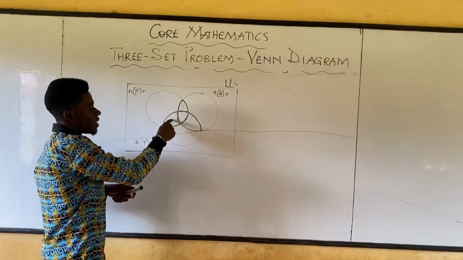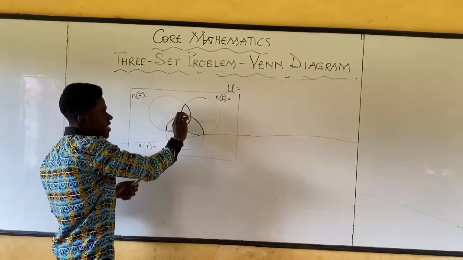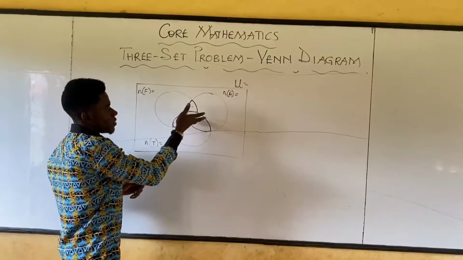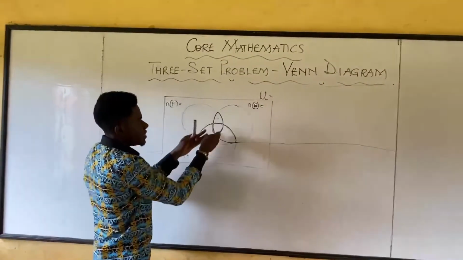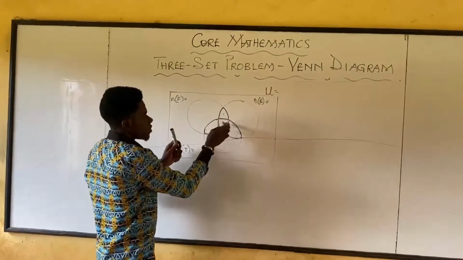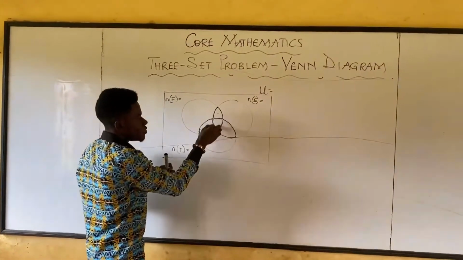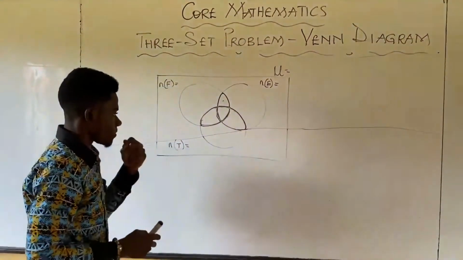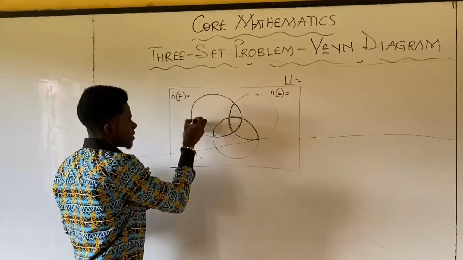The reason why we've added only to it is that we've taken this small portion out, because this portion was found everywhere when you try to take the intersection between the three sets. So if you want to find the only aspect, you take this one off. We are now left with this aspect.